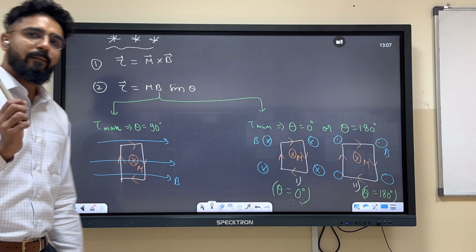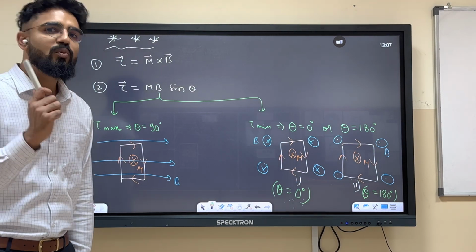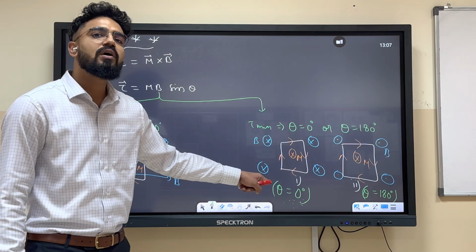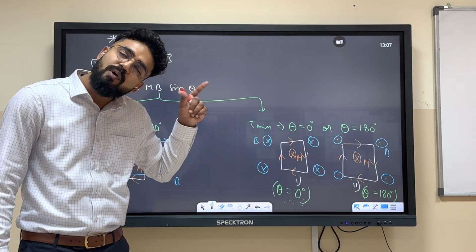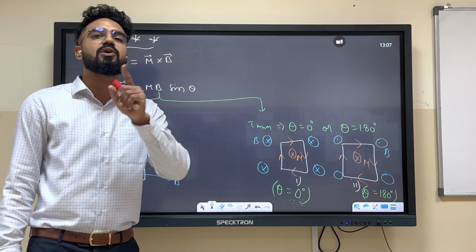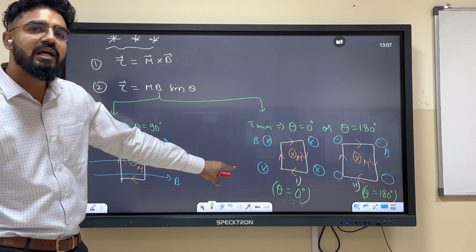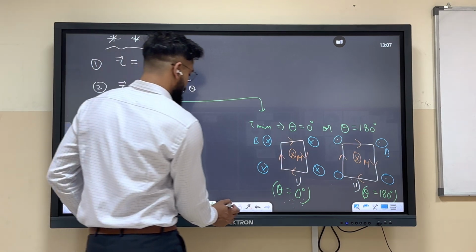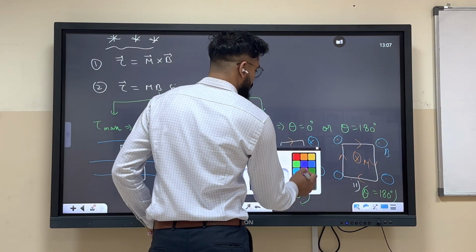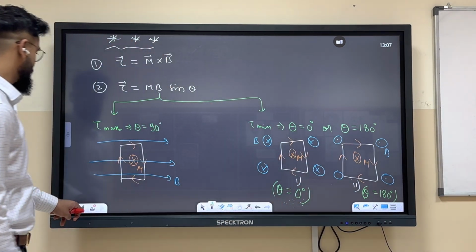Can you recall by using the concepts of dipole moment, when theta was 0, the dipole moment over there was in stable equilibrium. And over here, if theta is 0, yes, it is in stable equilibrium. चलो अगली बार, next page.